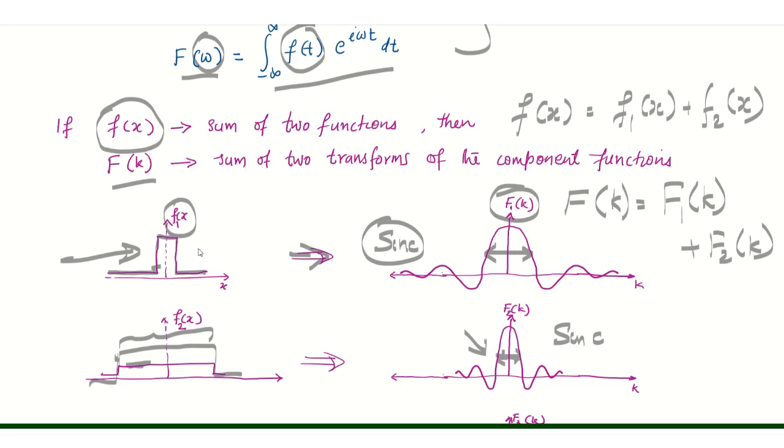If you Fourier transform an aperture function like this one, or a square wave or a square pulse like this one, then the result will again be a sinc function, which means diffraction and this Fourier transform are one and the same.